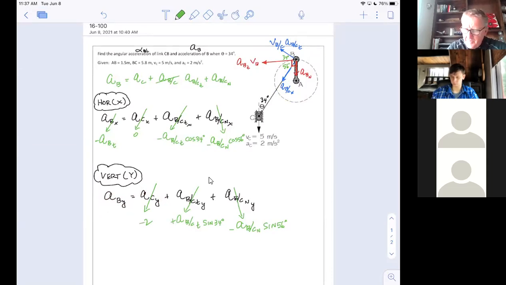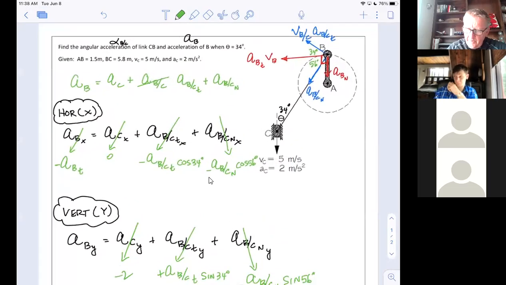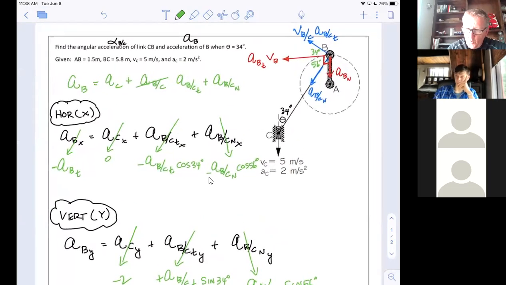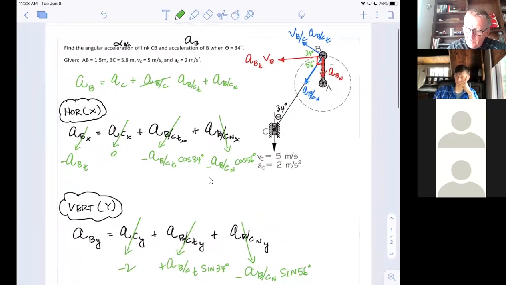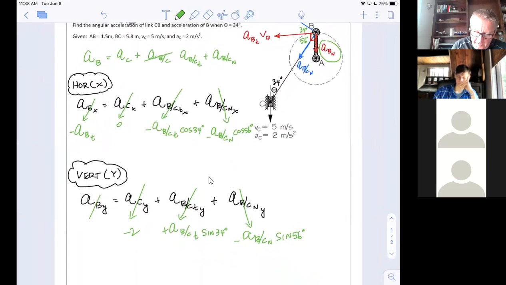What about acceleration of B in the y direction? Well, that's kind of similar, since acceleration up here in red was horizontally acceleration of B tangential, and the vertical version is normal, then I could replace it just like I did above with acceleration of B with respect to N normal, which again is downward.